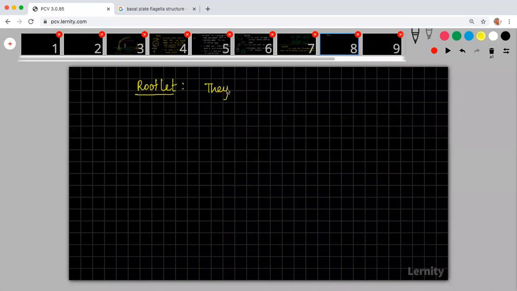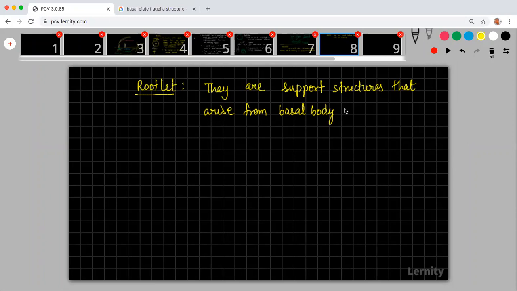They are support structures that arise from the basal body of cilia.